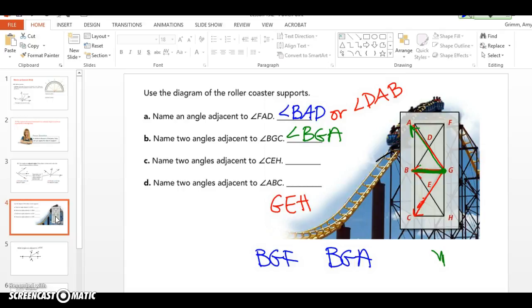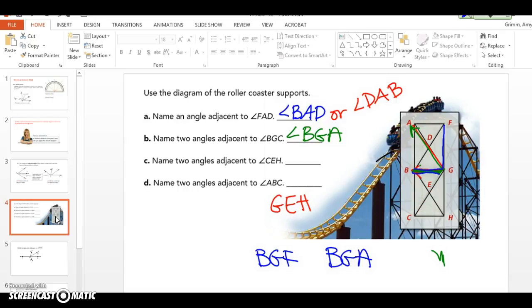I wanted BGF. BG, F. I got too many lines in there now. Hold on. BGF. Yes, it does work. Catherine's right. I don't remember which lines I've drawn in.